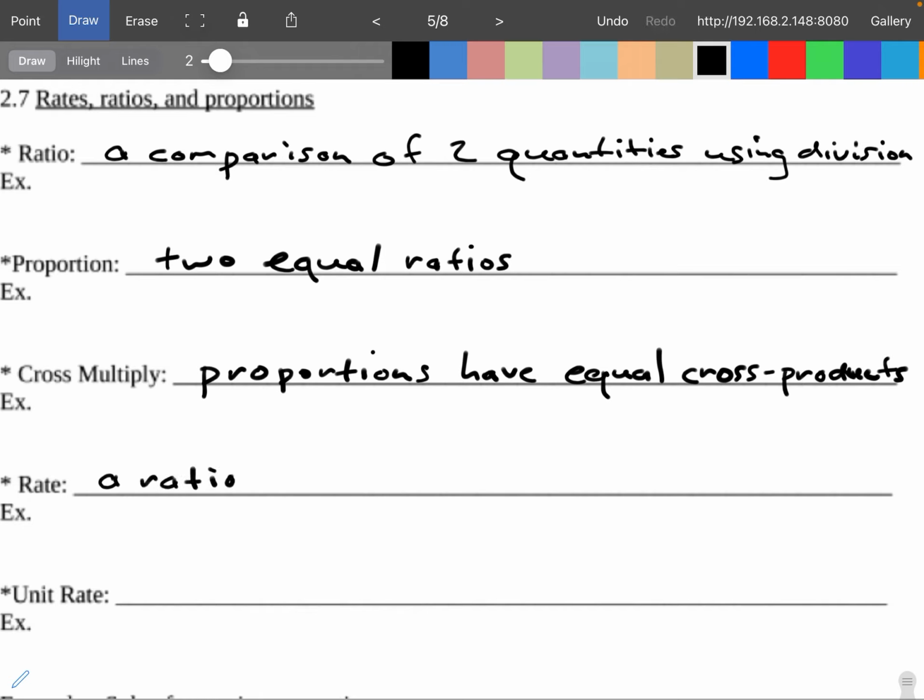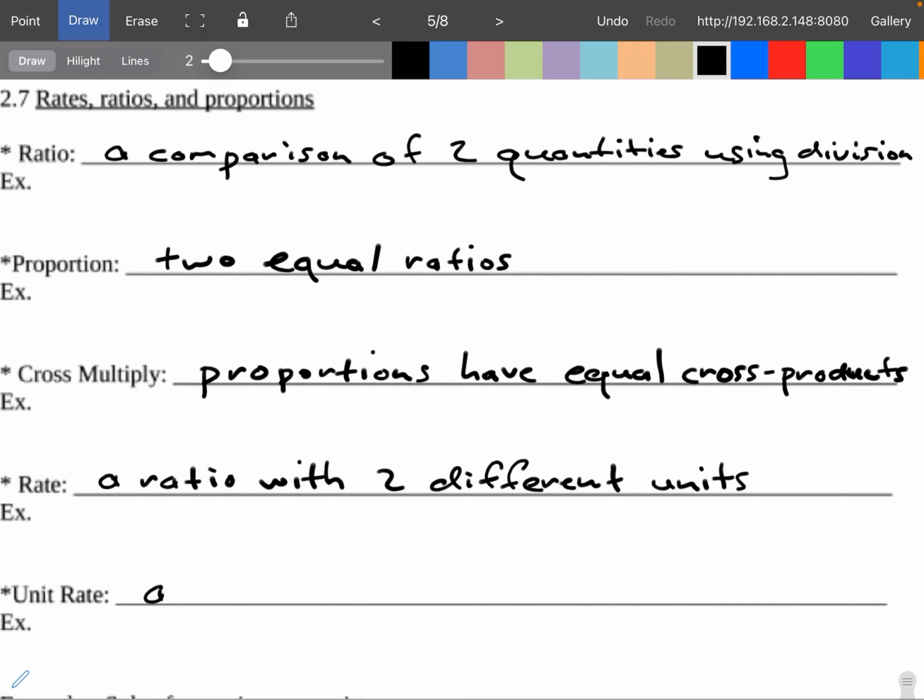So a rate is a ratio with two different units. And then the last one, a unit rate.